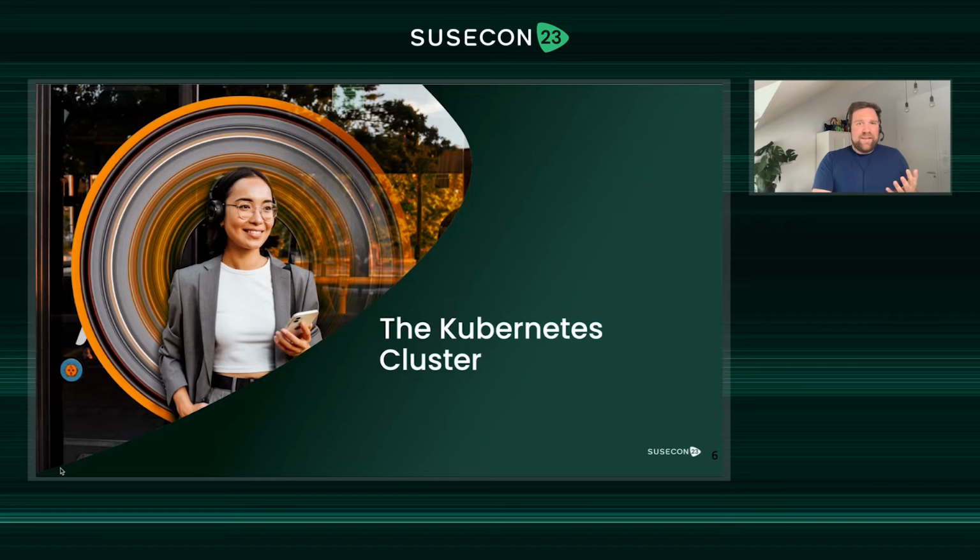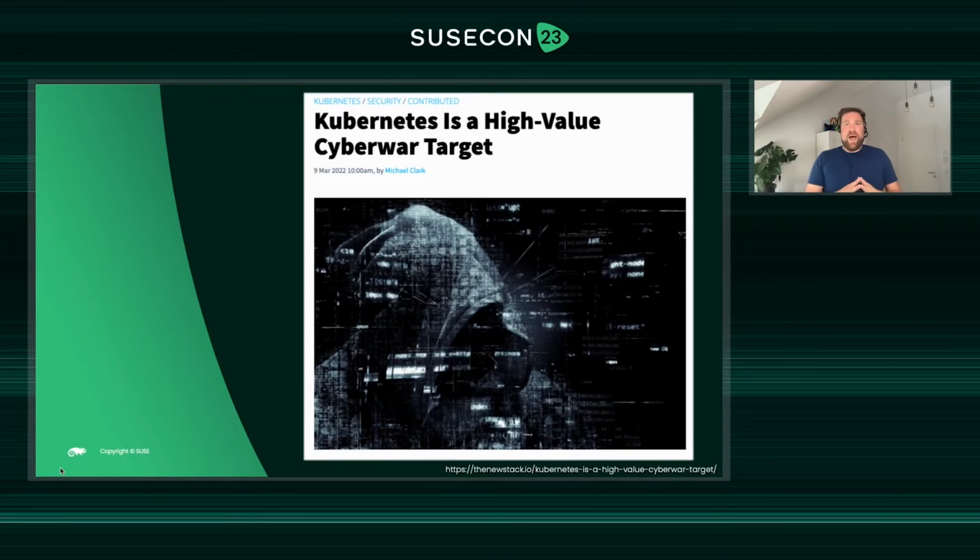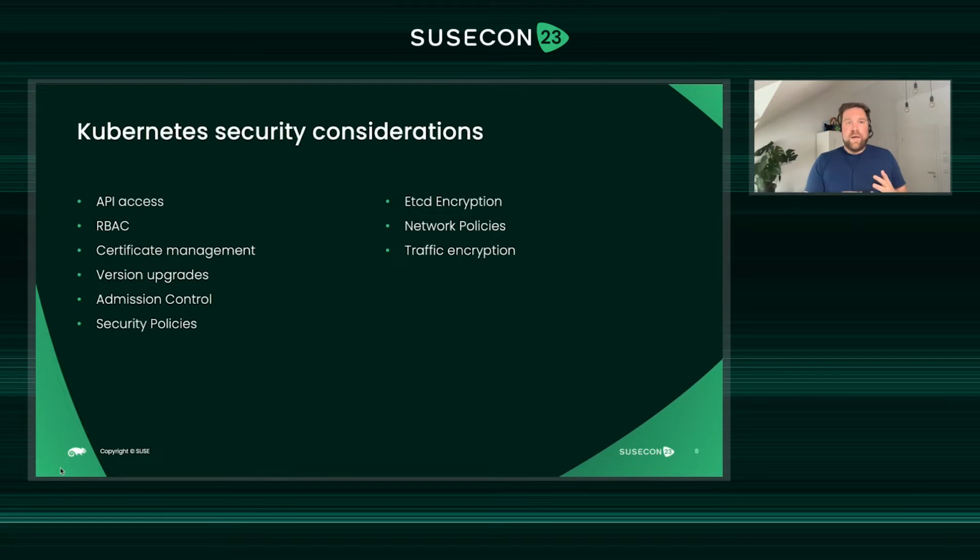The Kubernetes cluster itself is already also a high-value target for attackers. Because if an attacker finds a security vulnerability within Kubernetes, they can not only exploit and attack one system, but hundreds and thousands and tens of thousands of Kubernetes clusters out there. So it is important to also configure your Kubernetes cluster according to best practices and keep it up to date.